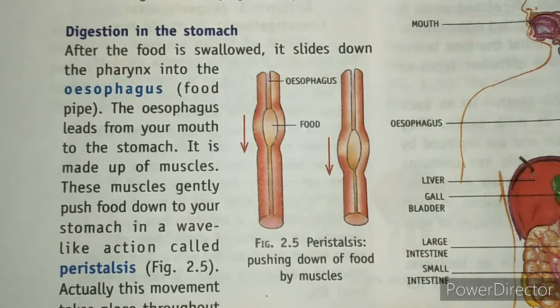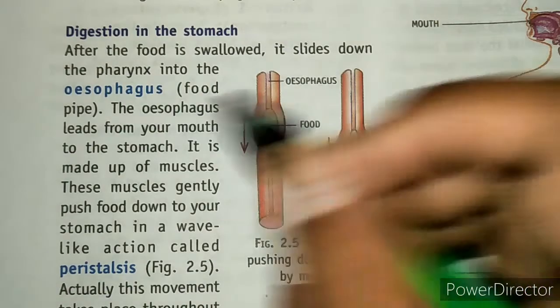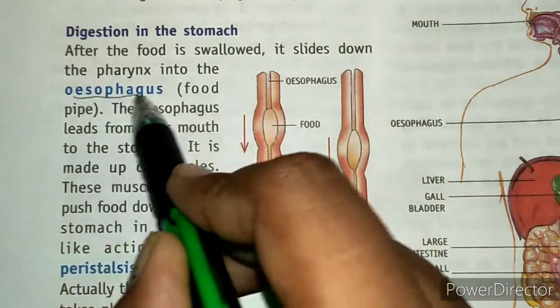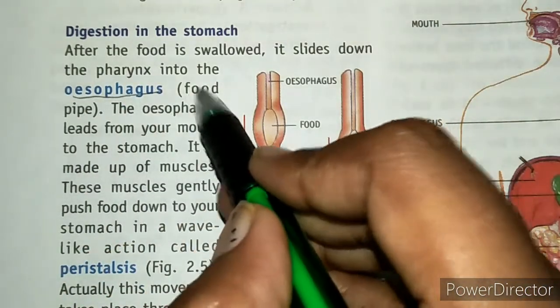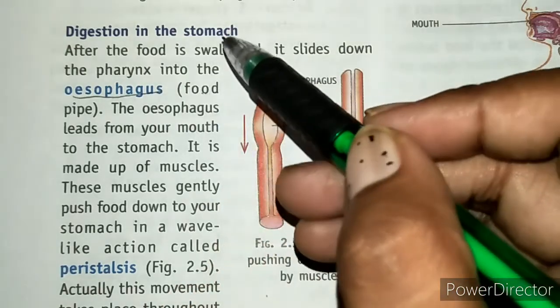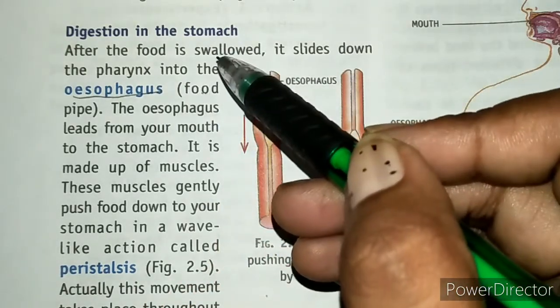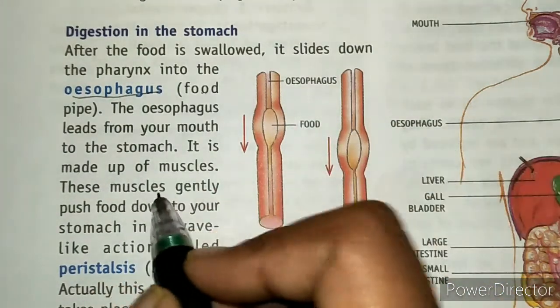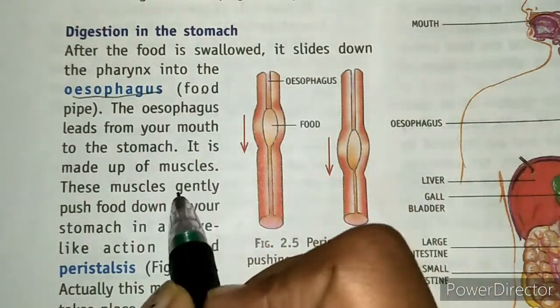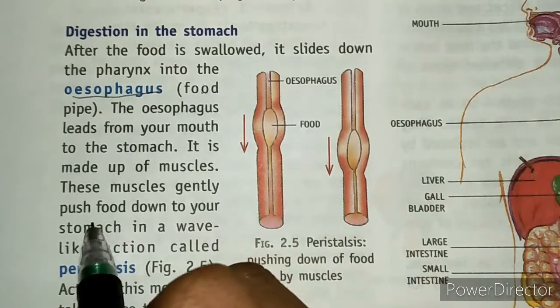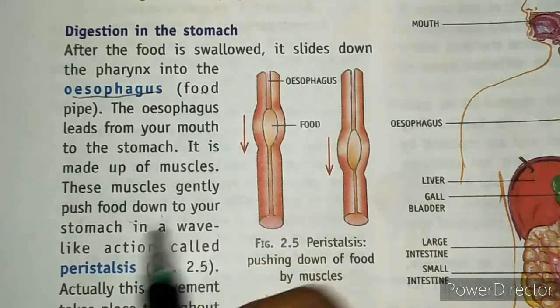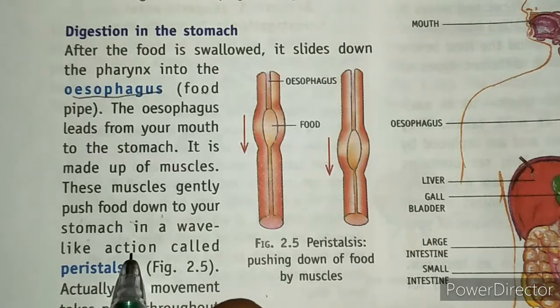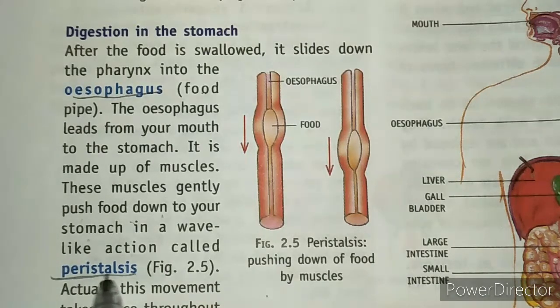So the next one we have is digestion in the stomach. The stomach is directly attached to the esophagus, which is known as the food pipe, and that is directly attached to the buccal cavity. The stomach is just a muscular bag, and food is pushed down in a wave-like action called peristalsis.